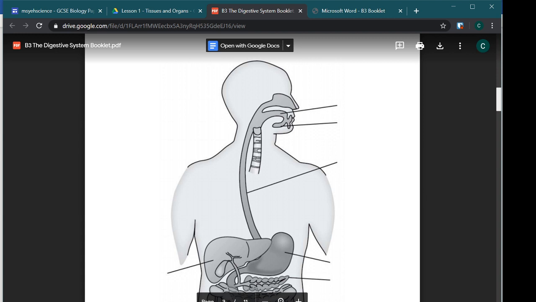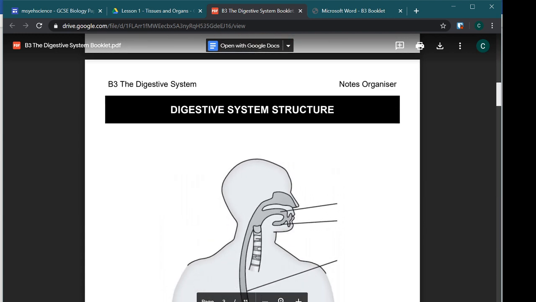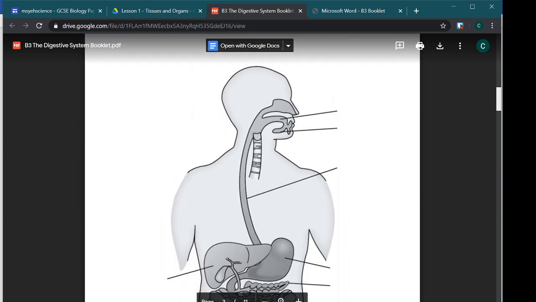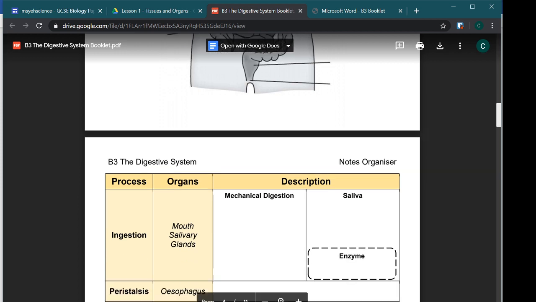So next lesson, we're going to be talking about the digestive system structure. If you want to do any prep work, such as Seneca, or taking your own notes through Kerboodle as best you can, I can then explain it further to make sure you fully understand. That's completely fine.